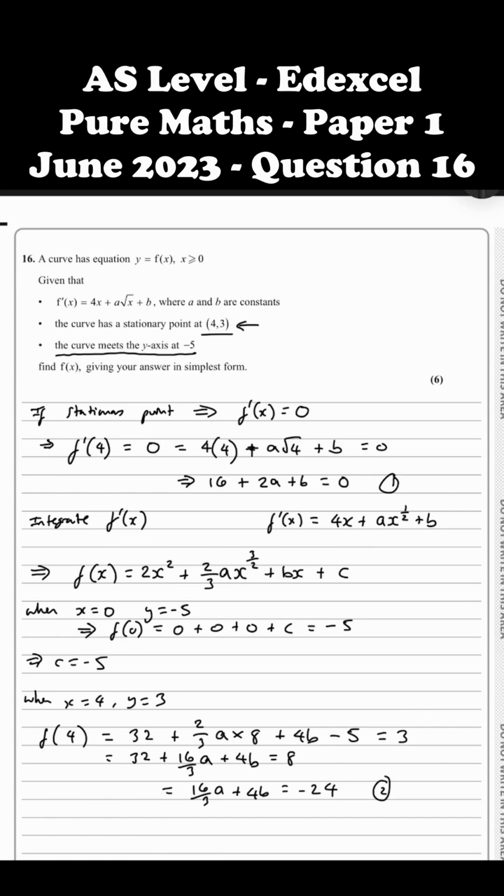So what I'm going to do is rearrange equation 1 to say b equals minus 16 minus 2a. Therefore, let's put it into 2. So we have 16 over 3a plus 4 lots of minus 16 minus 2a equals minus 24.